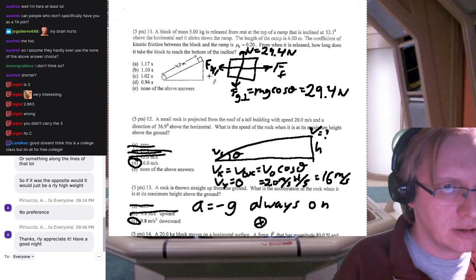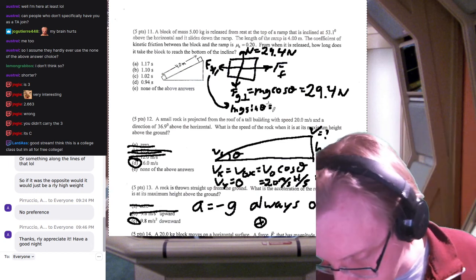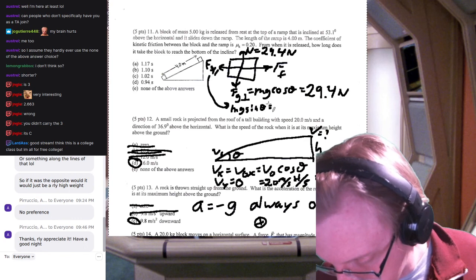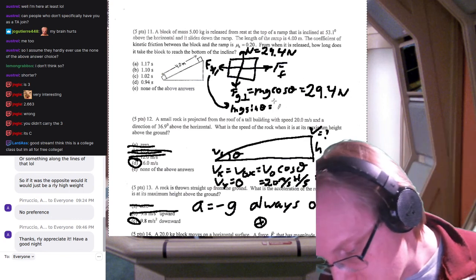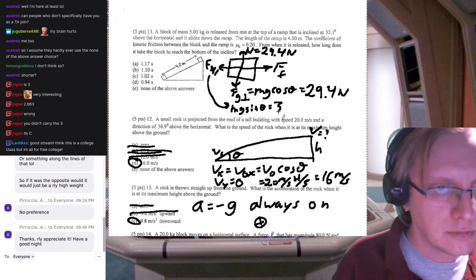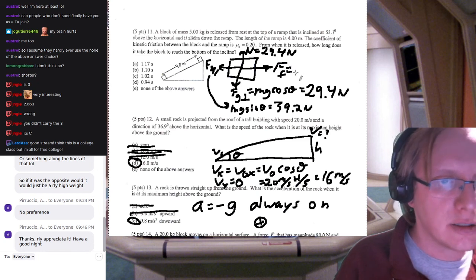This bit here has to be mg sine theta. Punch that in the calculator. 39.2 newtons. This is 1/5 of normal.